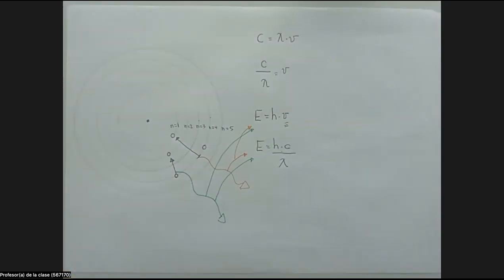But the energy that was emitted from the higher jump will be the higher energy between these two photons over here. The energy of the orange photon will be higher than the energy of the green one.